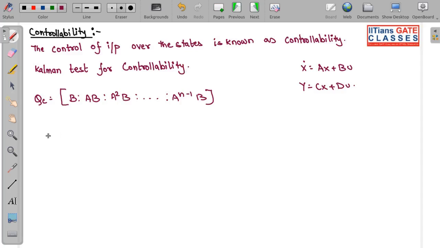Now the system will be completely controllable if the determinant of the QC matrix is not equal to 0. And if the determinant of the QC matrix comes out to be 0, then it will not be controllable. This is what we have to remember for our HAL or PSU exams.